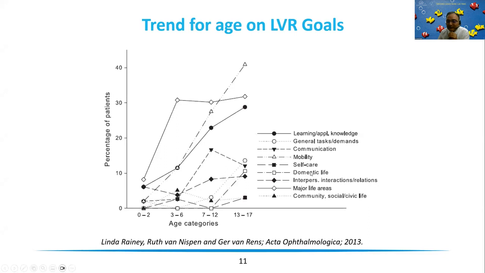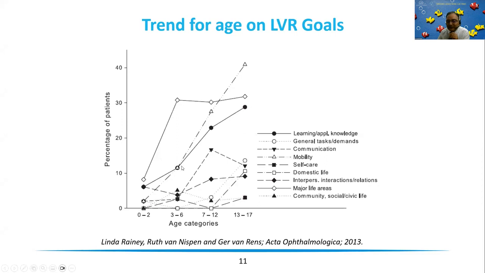Similarly, if you see the domestic life here, which is say shopping, doing daily chores, taking care of pets, when kids are around 7, 8, parents may not expect them to do it. But when they are around 13 or so, parents would expect them to perform those tasks. So those things may reflect in your rehabilitation goals.